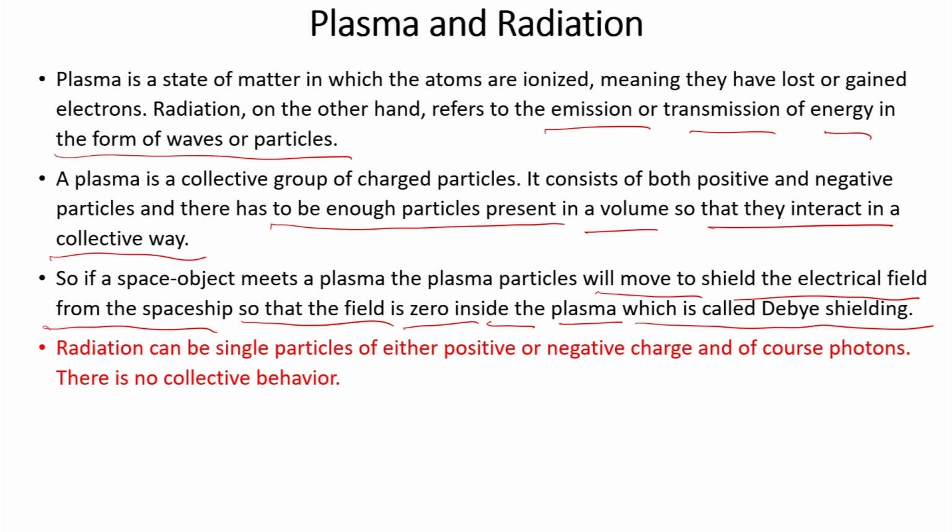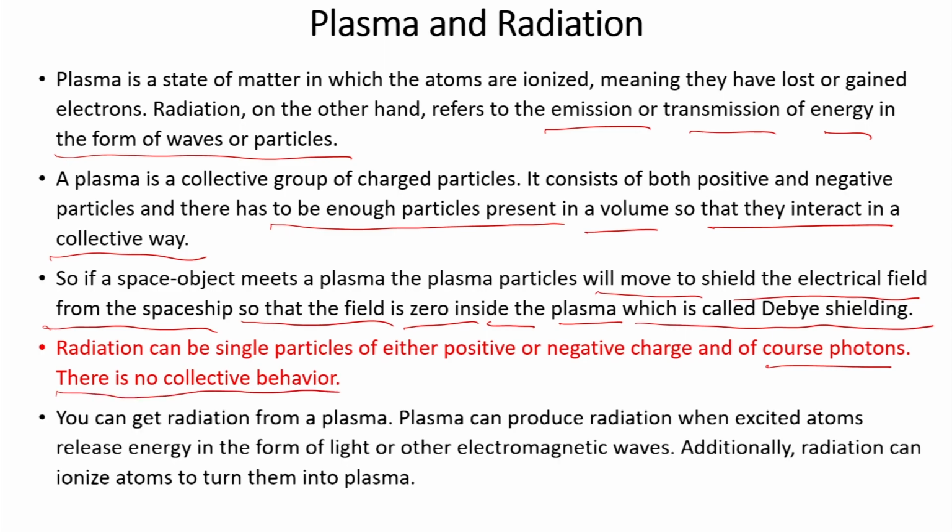It can be an electron, a proton, a nucleus, and it can be a photon also. There is no collective behavior, meaning the Debye shielding will not form if you put a spacecraft only in a radiation environment.